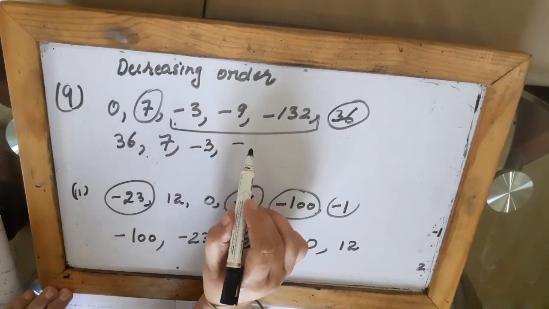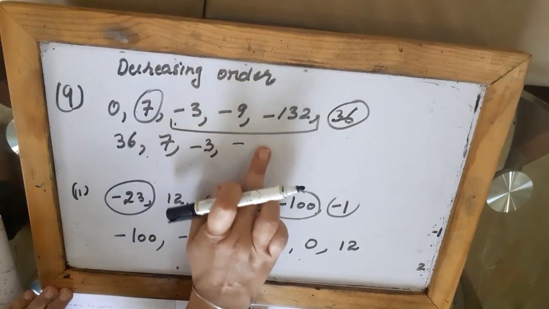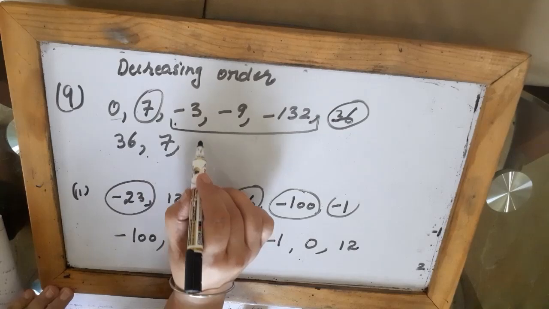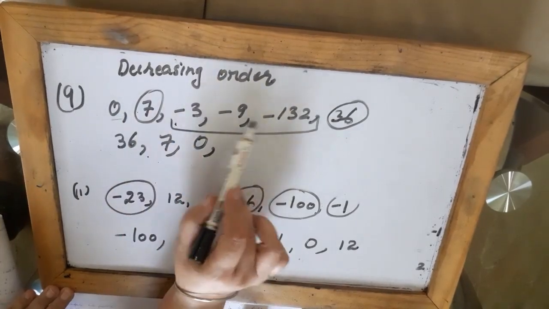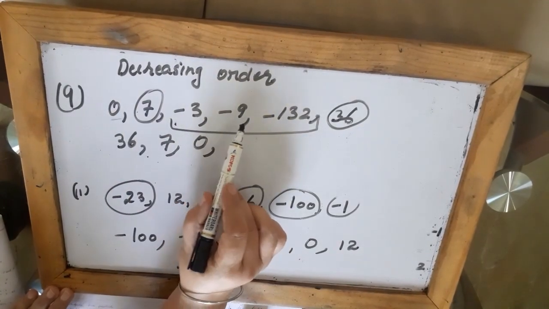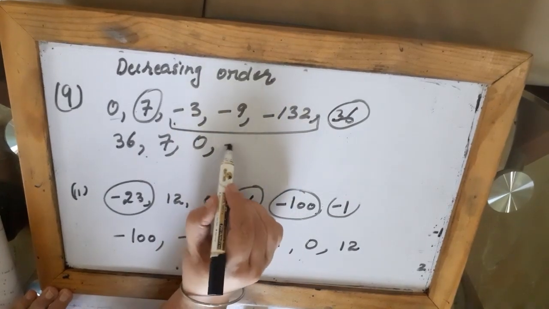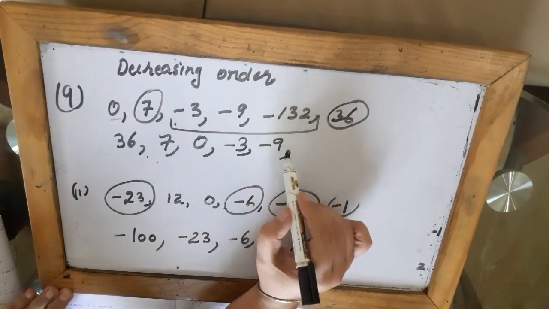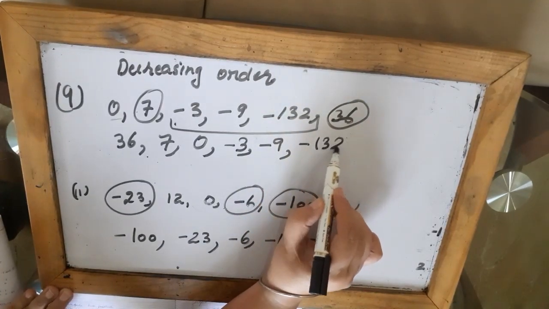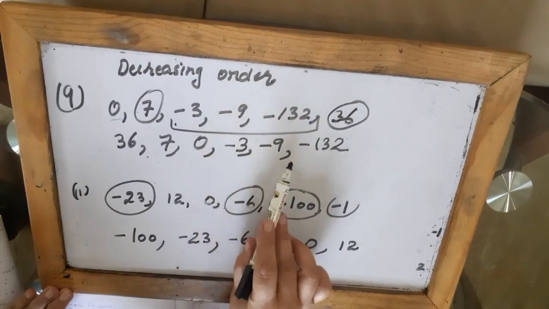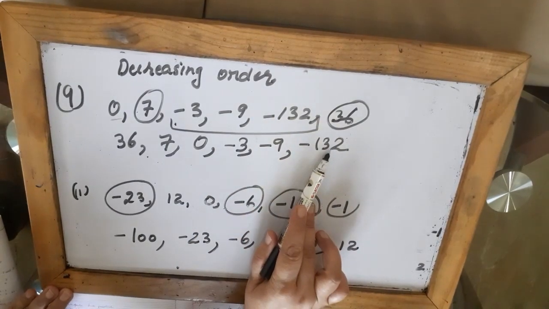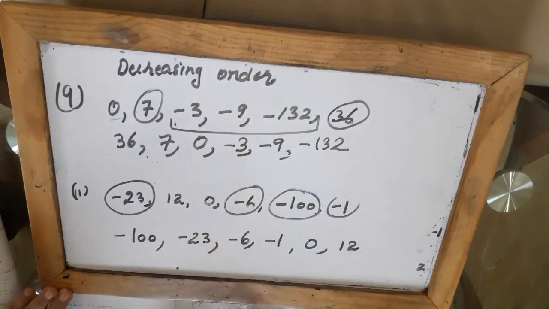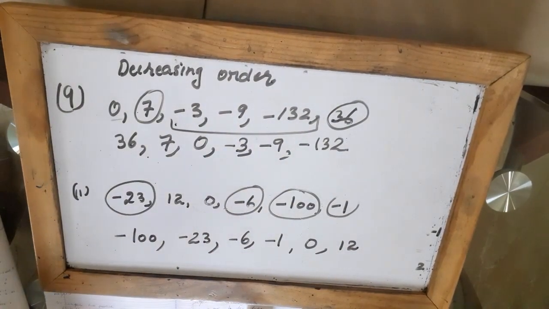In decreasing order, first positive numbers, then 0 will come, because 0 is bigger than the negative numbers. And then I will choose from the negative numbers. Minus 3 is greater, then minus 9 is smaller, and then minus 132 is the smallest one. Minus 3 and then minus 9 and minus 132 is the smallest among these. So this is how I have put them in the decreasing or the descending order.